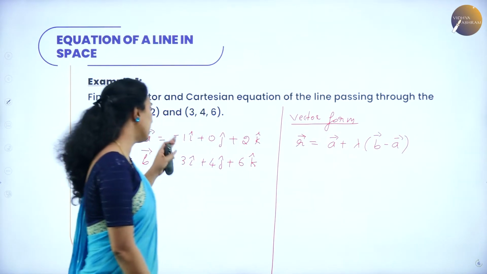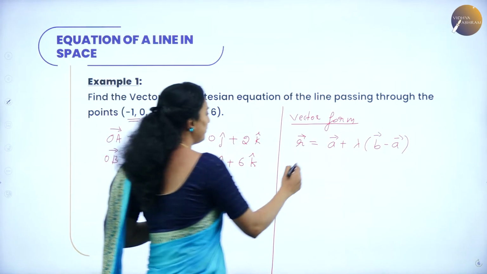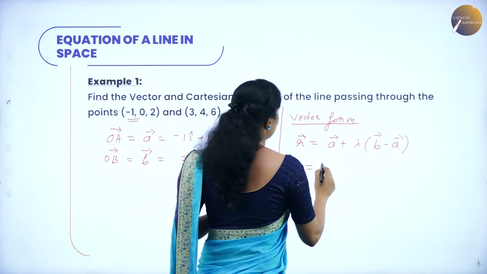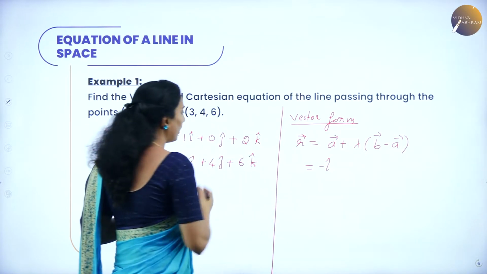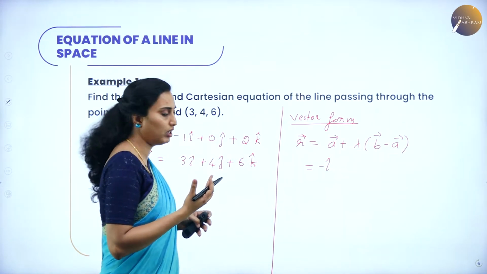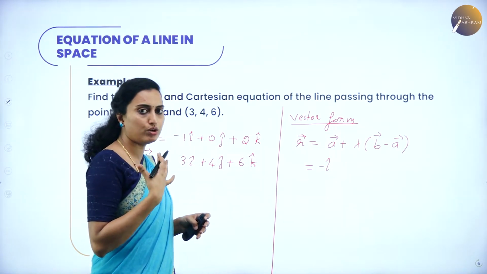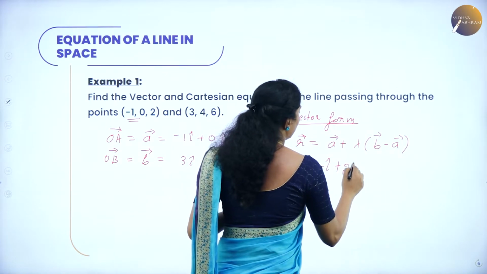Now the a vector is minus i, plus 0j, which is not required to write because 0 into j is 0 only, plus 2k as it is.